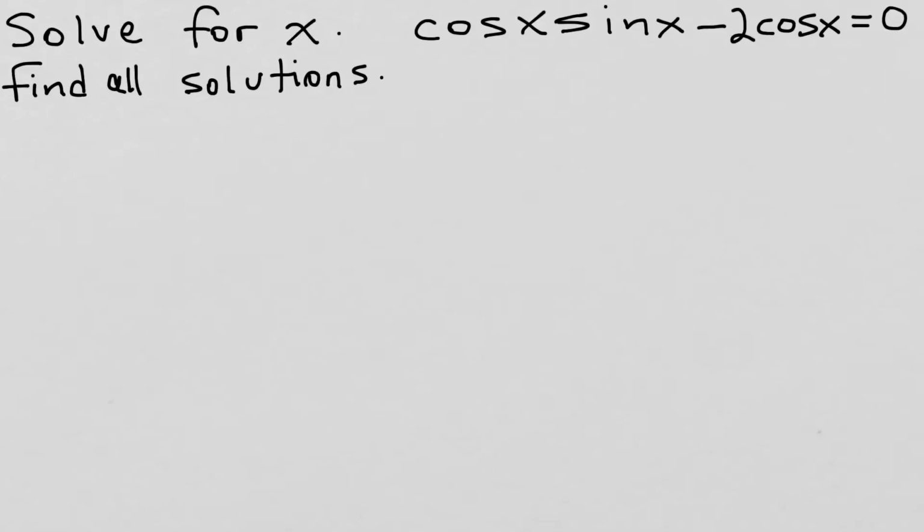So this is the first in a series for 3.3b, solving equations, and most of these equations are going to require some factoring techniques in order to solve them. So let's take a look at this equation, and I'm going to rewrite it here.